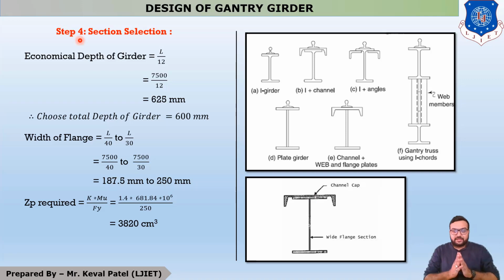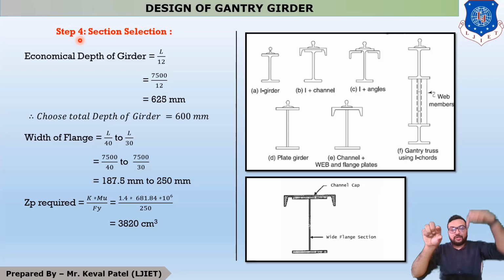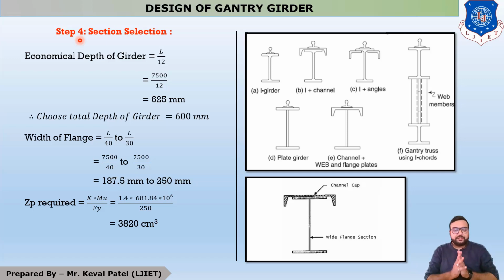Now in section selection, we are trying I plus C. Now one question arises, if we are interested to provide only I girder. No. If you are providing only I girder, then in the I section your top flange is subjected to and restrains only bending moment which is subjected in vertical direction, and the web component restrains only shear force.